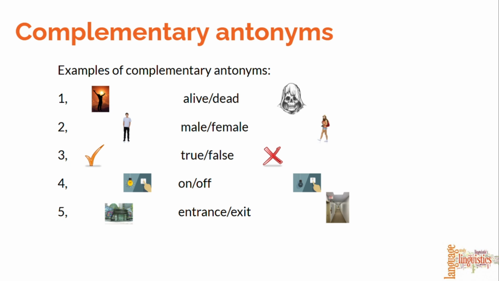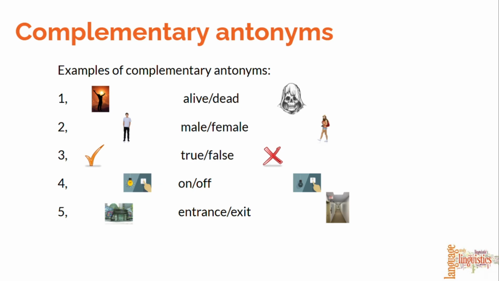If we negate the second word, such as the person isn't dead, that means the person is alive. So this pair forms an either-or relationship. So it is complementary antonyms.